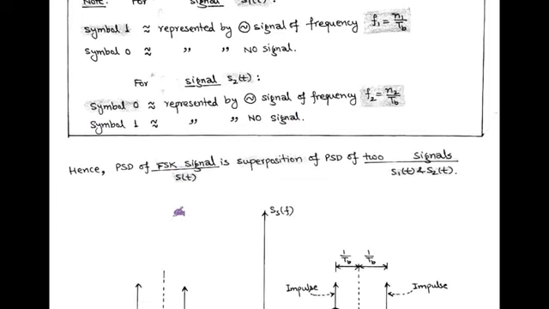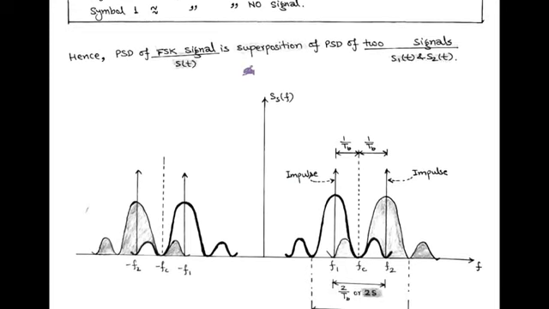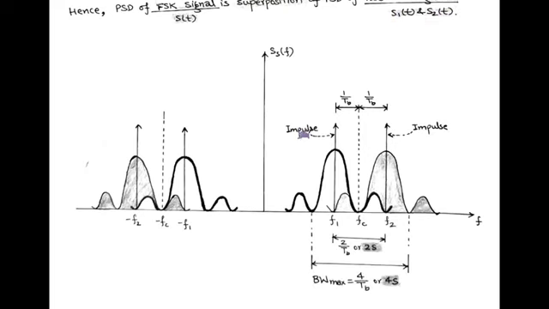And because of the orthonormal nature of the basis functions, the power spectral density of FSK is simply represented by the superposition of the power spectral densities of the two signals, S1(t) and S2(t), as shown in the figure.